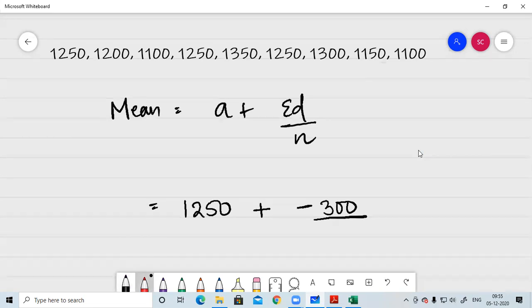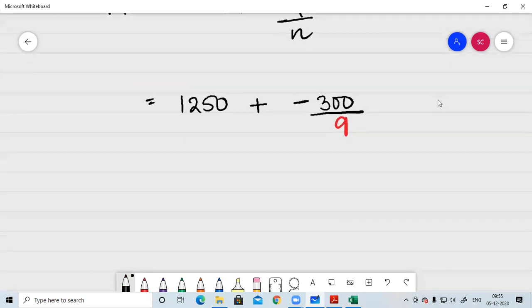This is my first, second, third, fourth, fifth, sixth, seventh, eighth and ninth observation. So how many observations here? 9. So divided by 9. For 2 minutes, forget about the minus sign. So you just do 300 divided by 9. What do you get as the answer?